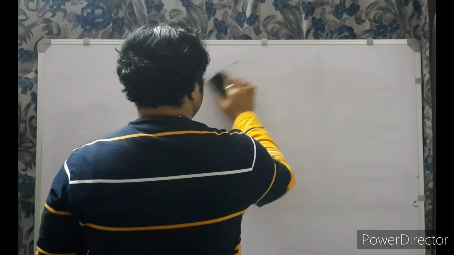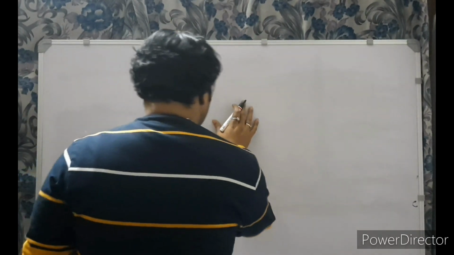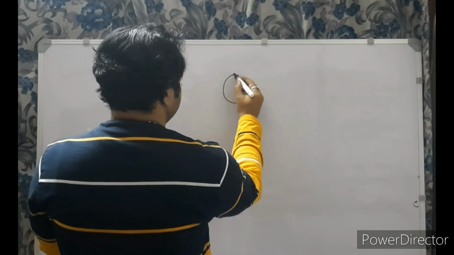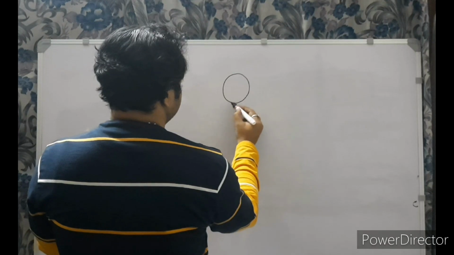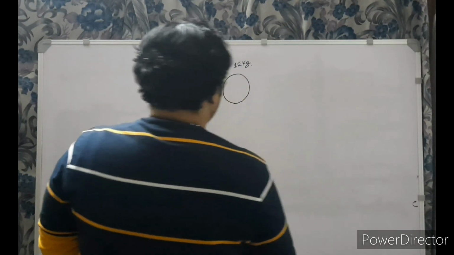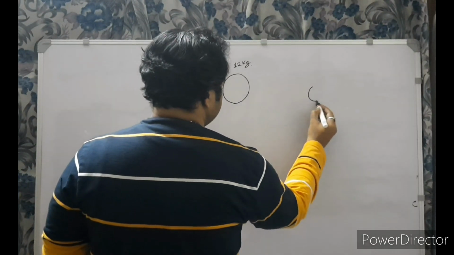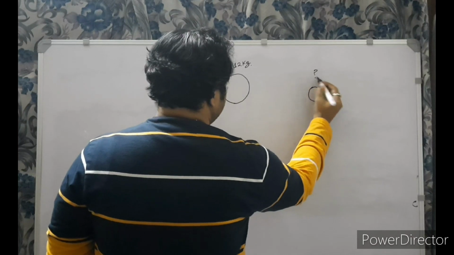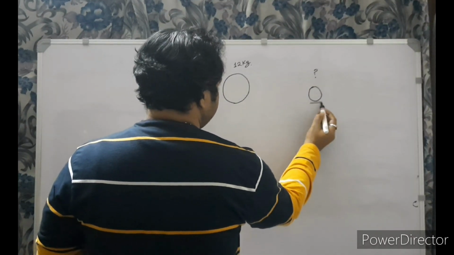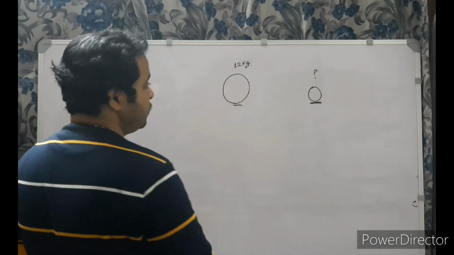So suppose this is an object of 12 kg mass, right. We know the mass of this object, and here is another object, we don't know the mass of this object. So we will measure the mass of this object with respect to this object.